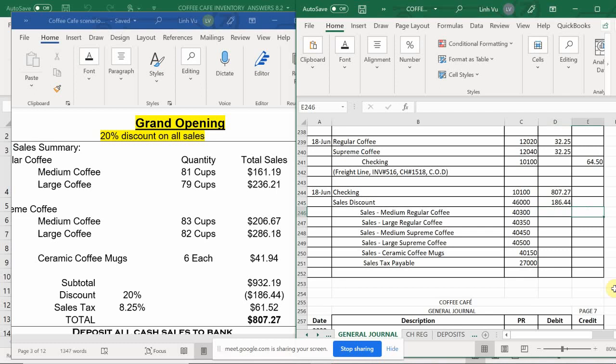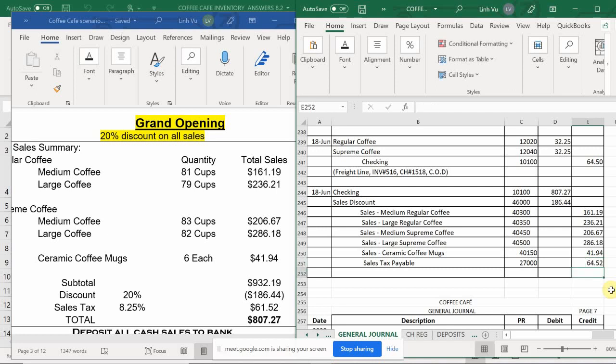Now on the credit we have 161 for the regular medium. Okay. 236 for the large one. Okay. 206.67. Okay. 286.80. Okay. And 41.94. Okay. And how much tax?